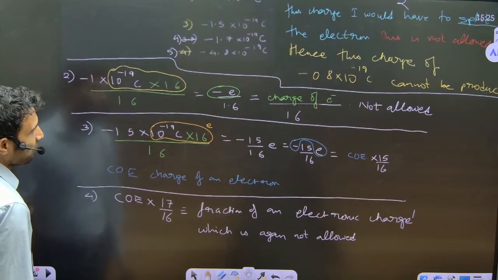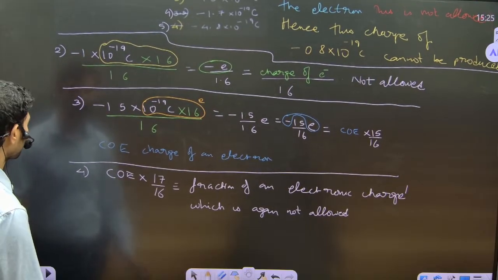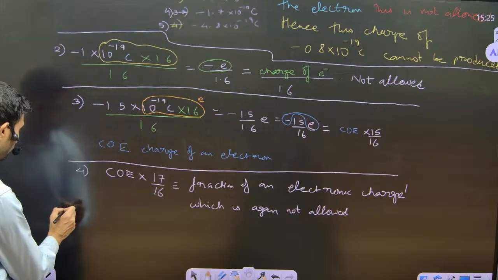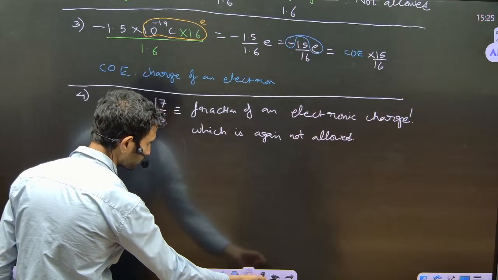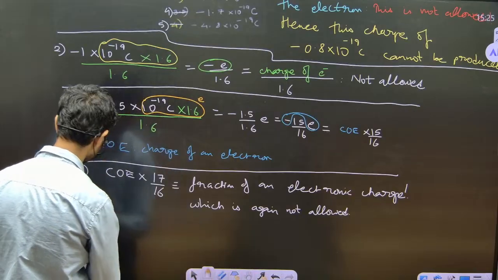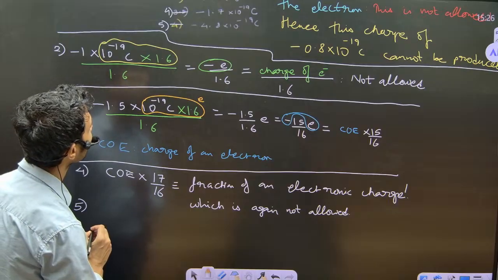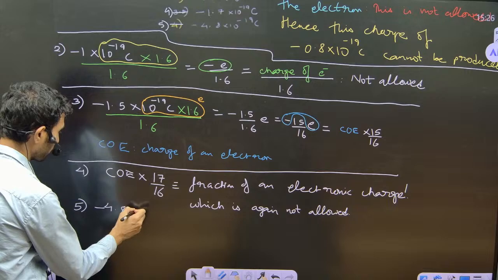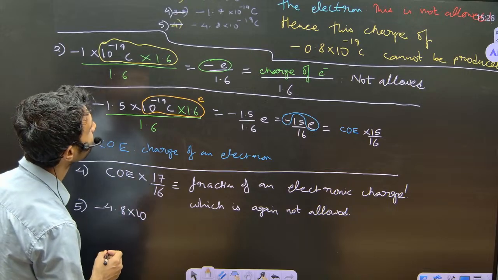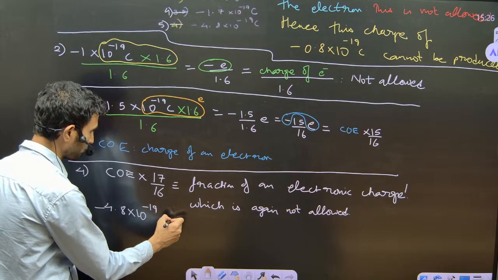Now comes the fifth part. So fifth part, let's see how many of you can guess what will be the situation in the fifth part. The fifth part says minus 4.8 into 10 raised to power minus 19 coulomb.